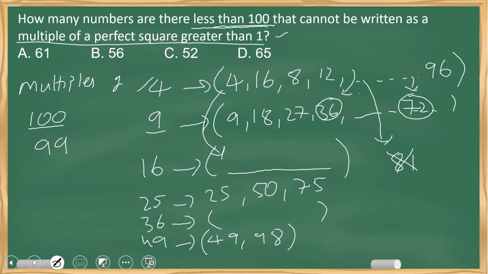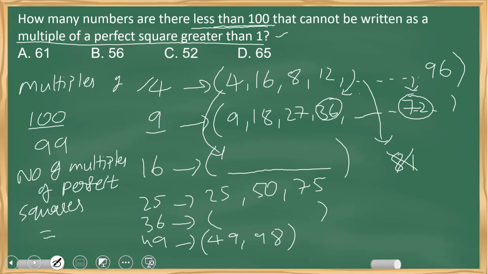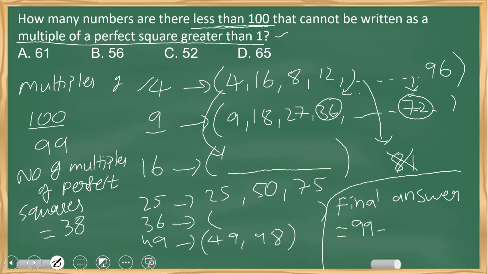Till 99 you will have the number of multiples of perfect squares equal to, when you add all these things, 38 numbers. Okay, now the final answer for this question is equal to 99 minus 38, that is equal to 61. Do you understand the point here?